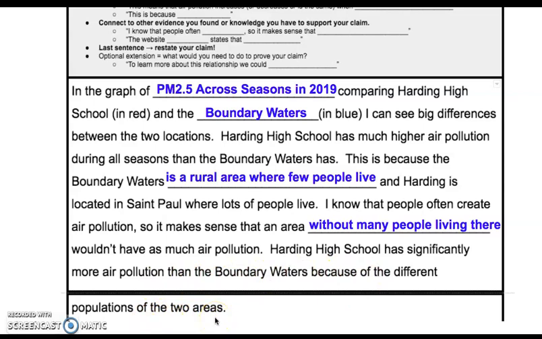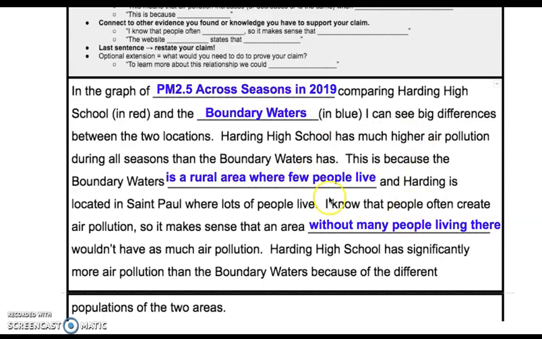So notice that in my reasoning paragraph here, where I'm restating my evidence and I'm connecting it to my claim, I describe the evidence that we found, including what the graph is called, what the graph is showing, and what we saw, much higher air pollution, what it means on the graph.